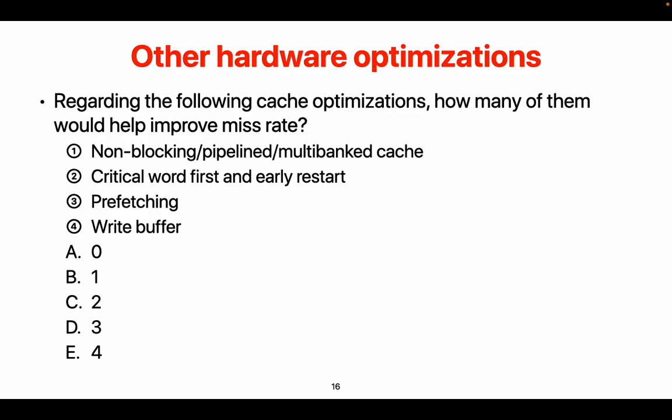Okay, let's say that one thing together: 3, 2, 1. Okay, I hear 4, I hear 2, right? So that means we definitely need a whole classroom discussion. So first of all, what is a non-blocking pipeline multi-bank cache?